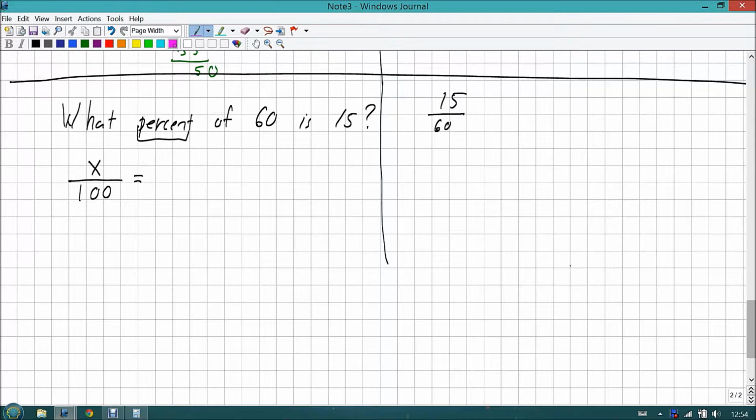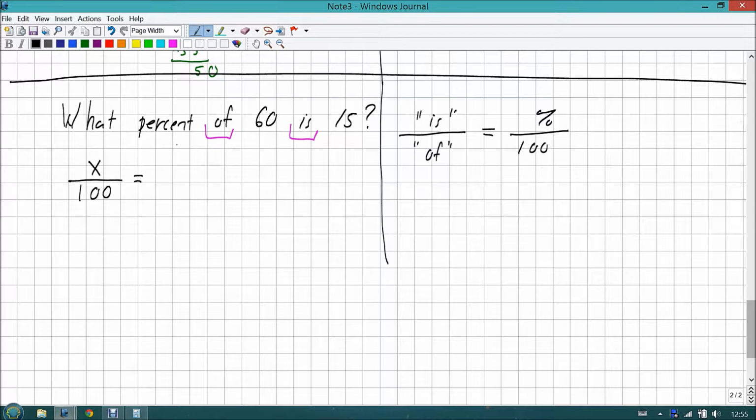Looking at the words, it looks like "is" goes over "of," and then percent goes over 100. So as a nice rule of thumb, I would write down, "is" over "of" is equal to percent over 100.